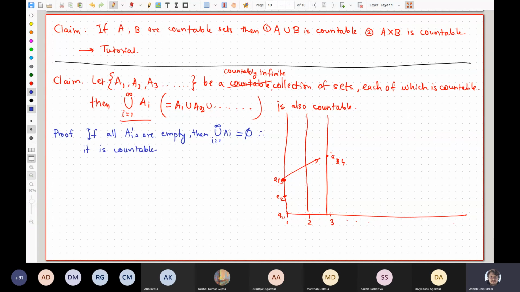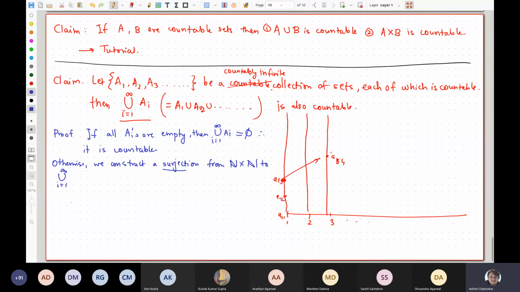Corner case, let's get rid of it. Otherwise, we construct a surjection, look at the direction, from n cross n to this set, the union over i going from 1 to infinity.